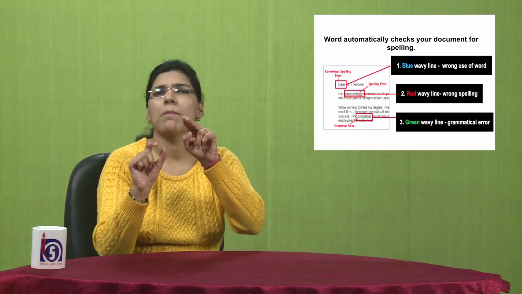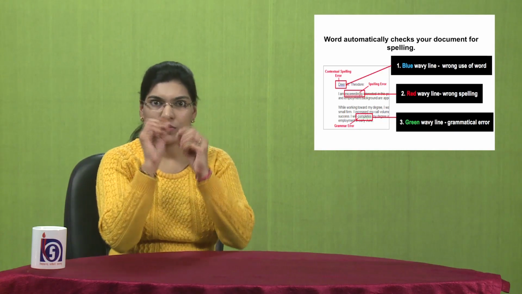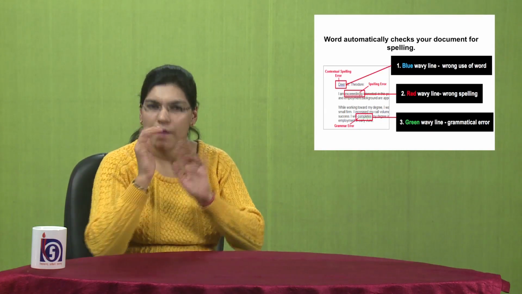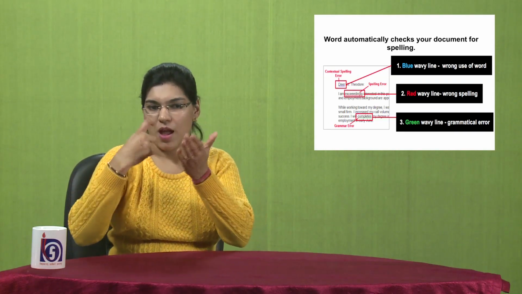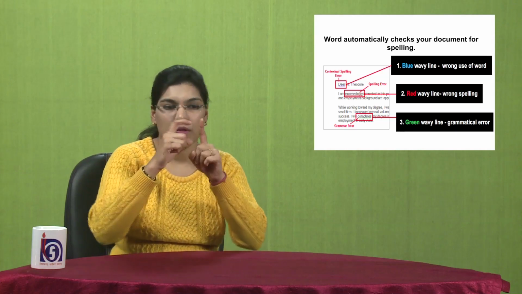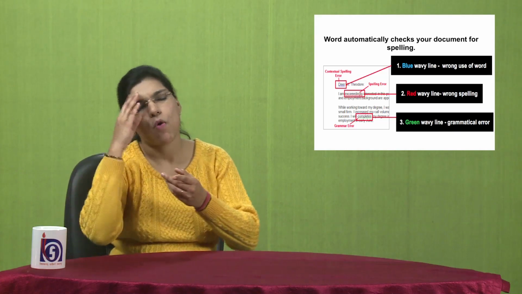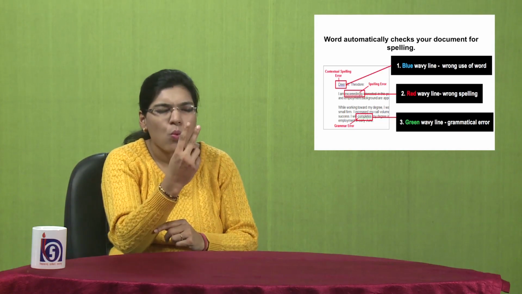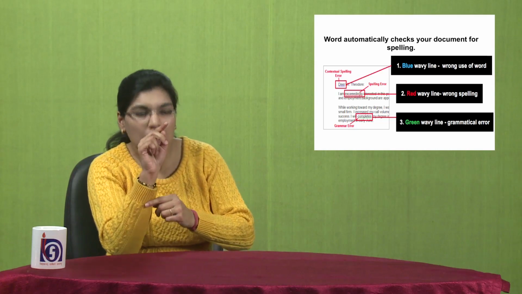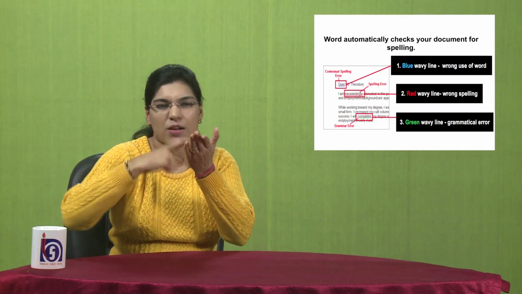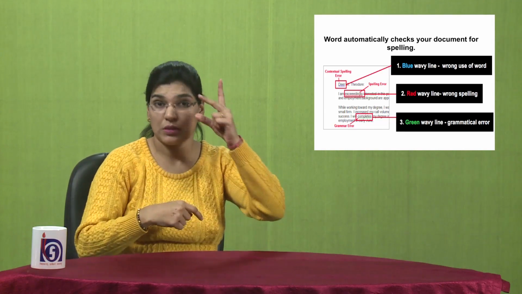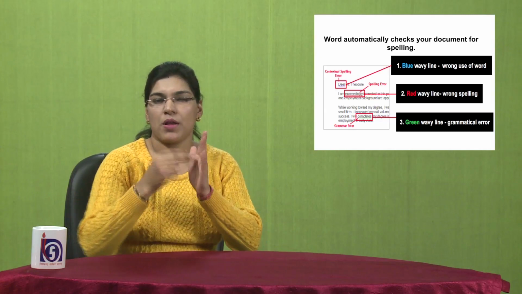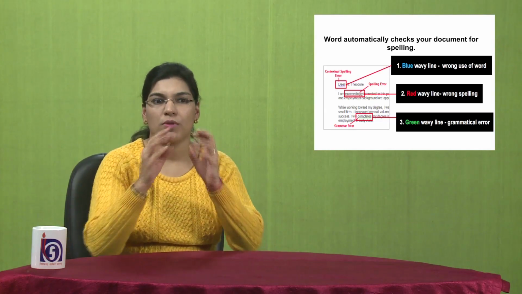So the blue wavy line means wrong use of a word. So for example, deer, but DEAR is used in a letter for a person, but deer is an animal. So it shows a blue line as it is a contextual spelling error. Red wavy line is for wrong spelling.